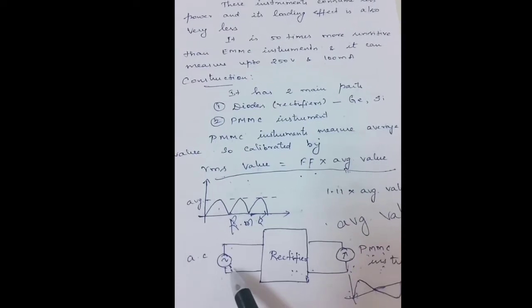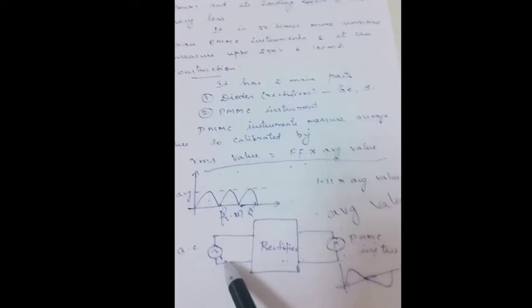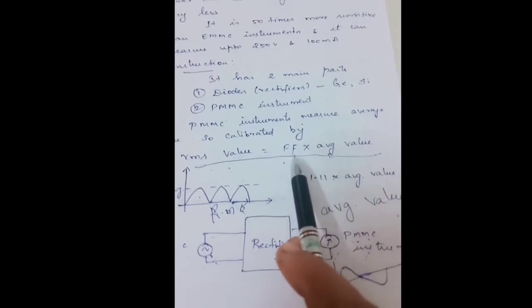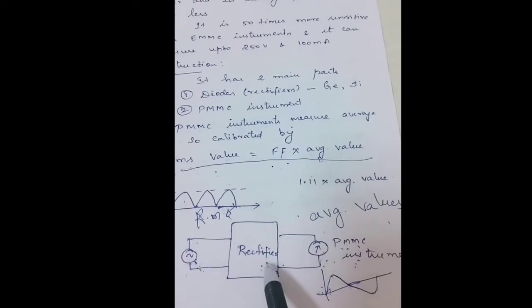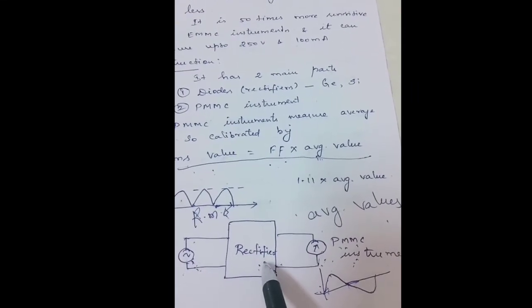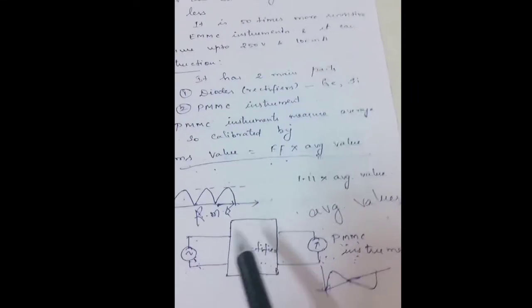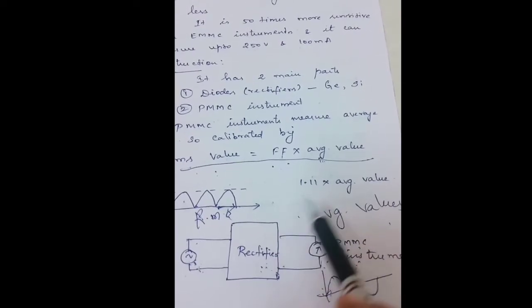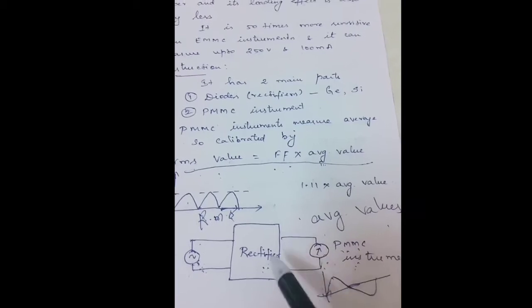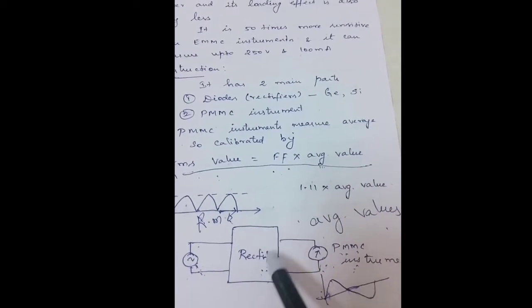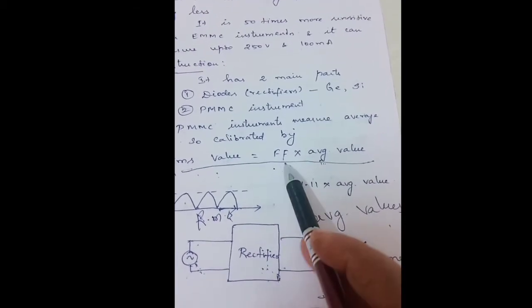Here we are going to use a sinusoidal input. For a sinusoidal input, the form factor varies depending upon the rectifier used. For a half wave rectifier, it has a specific form factor value, whereas when we use a full wave rectifier, the form factor differs. Based on that, we need to find the value of this form factor.